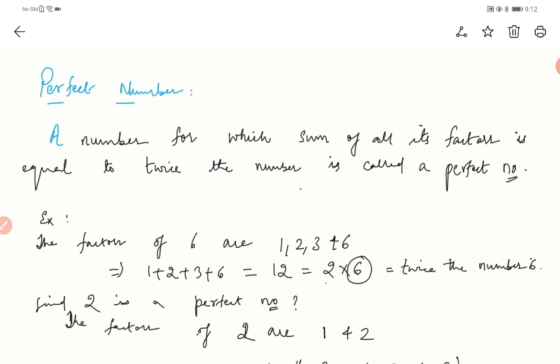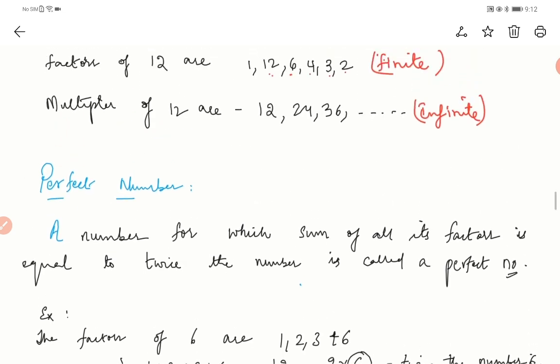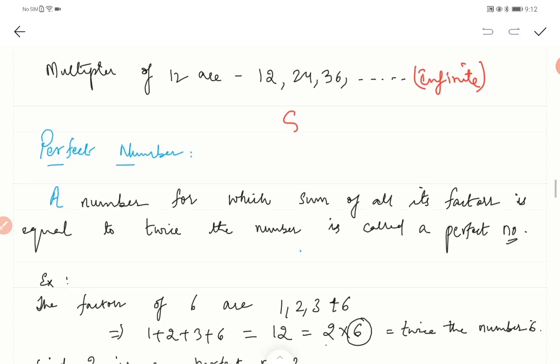For example, let me see whether 8 is a perfect number or not. So what are the factors of 8? I'll take the factors of 8. Okay, so 1 will be the factor, then 2, in the 2 table 8 is there, in the 3 table you don't have 8, you have it in the 4 table, in 5 you don't have, 6 you don't have, 7 you don't have, you have 8, isn't it?